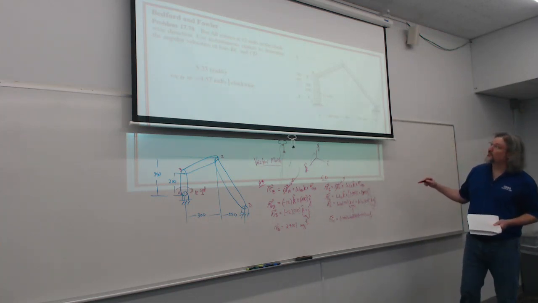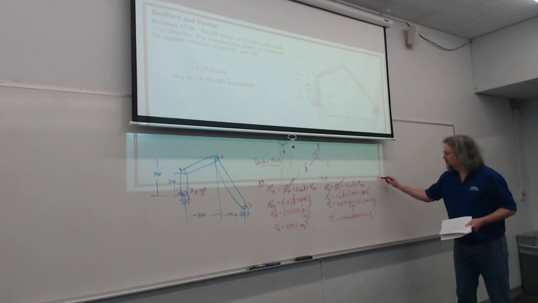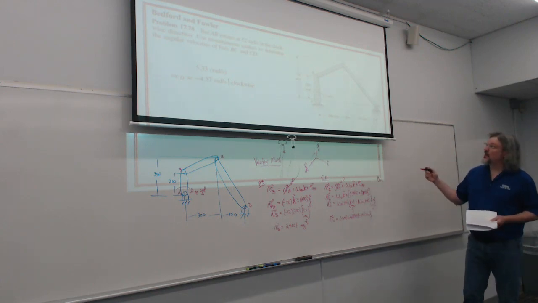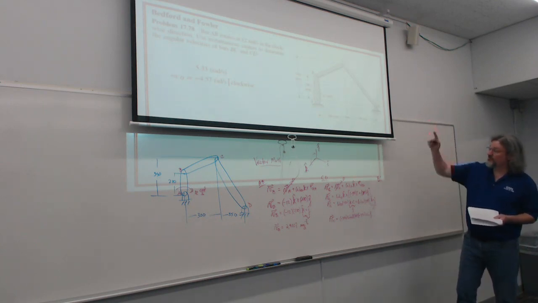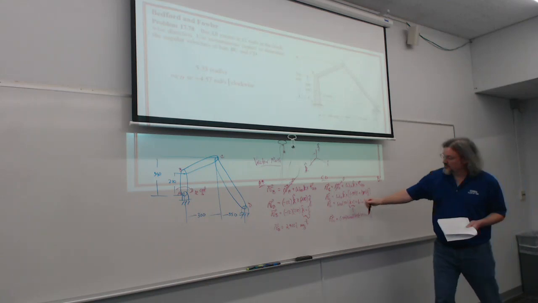And now we can go back to BC and say, well, once again, it's better to write velocity of C, because we're going to use that right here.